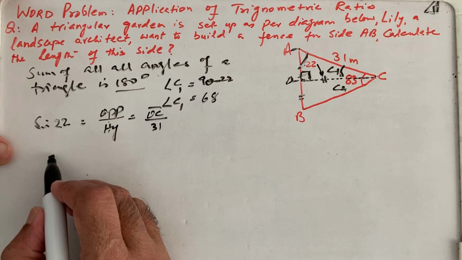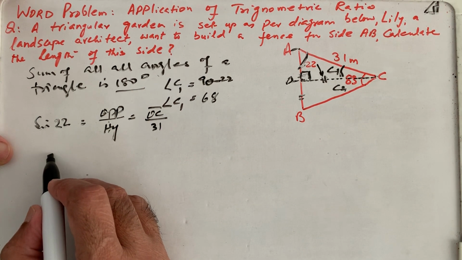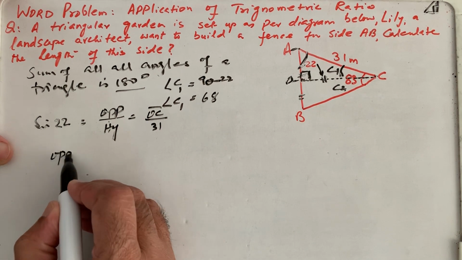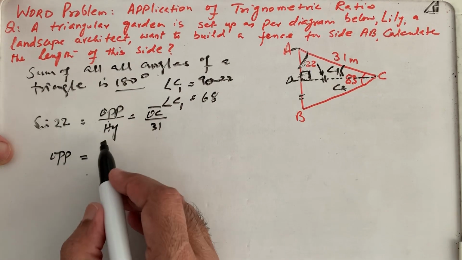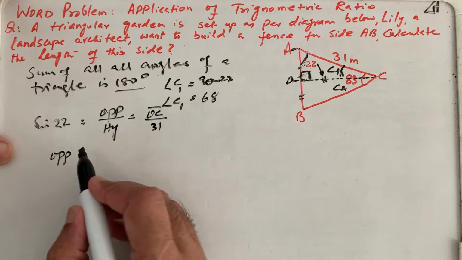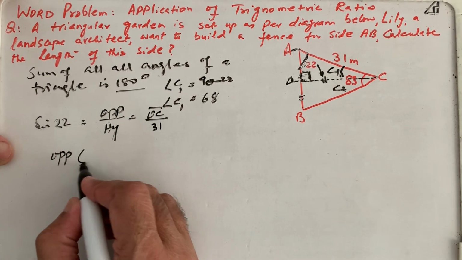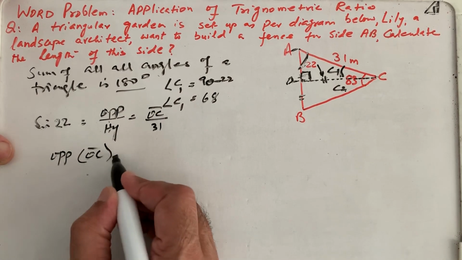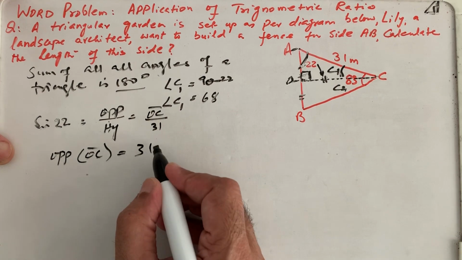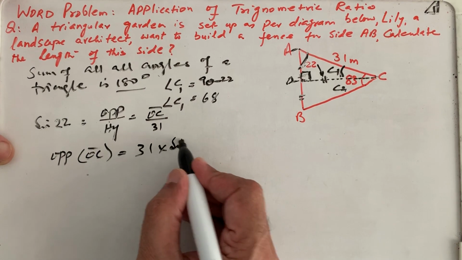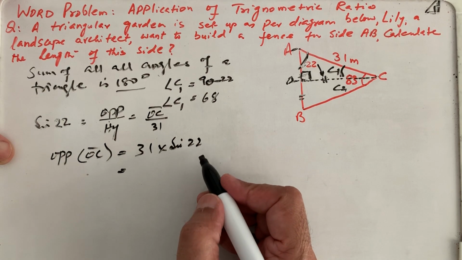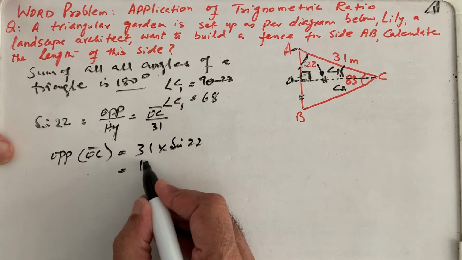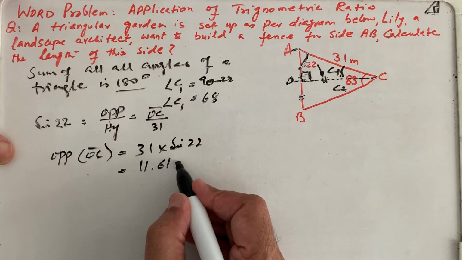So sine 22 equals OC over 31, so OC is equal to 31 times sine 22. I have to check what sine 22 is and multiply it with 31 to get 11.61 meters.